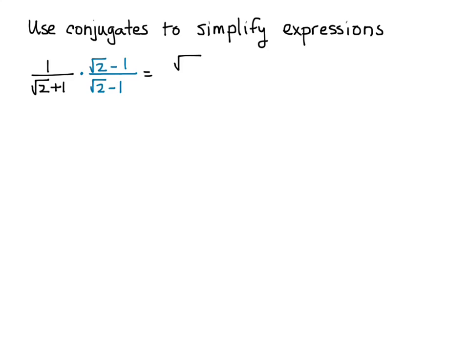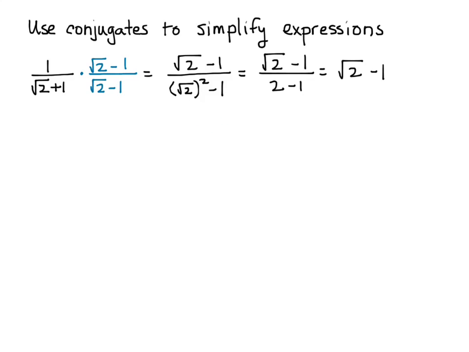And so when we extend that out, the denominator, of course, turns out to be the square root of 2 squared minus 1 squared. The numerator is just 1 times whatever we've multiplied, so we get this. Now this turns out to be, of course, 4 minus 1, or excuse me, not 4 minus 1, 2 minus 1, because the square root of 2 squared is 2.